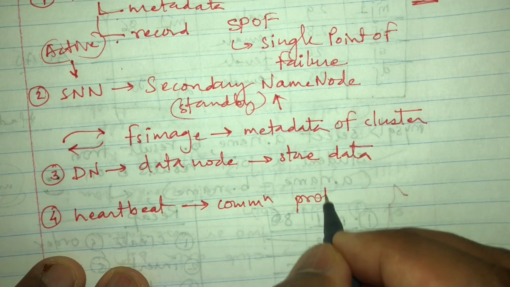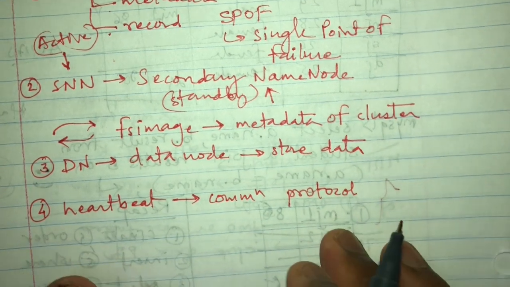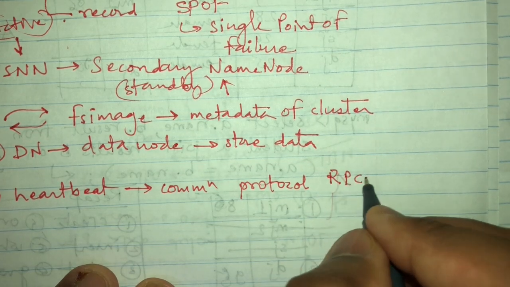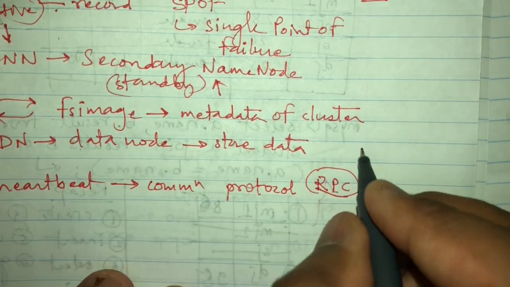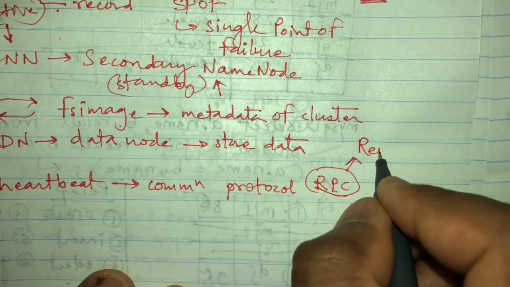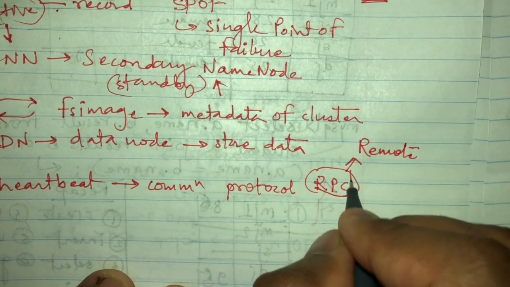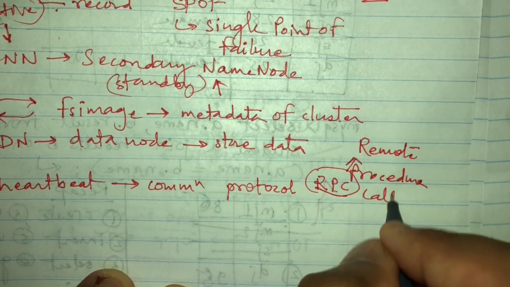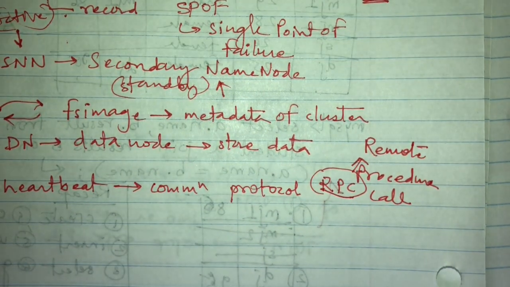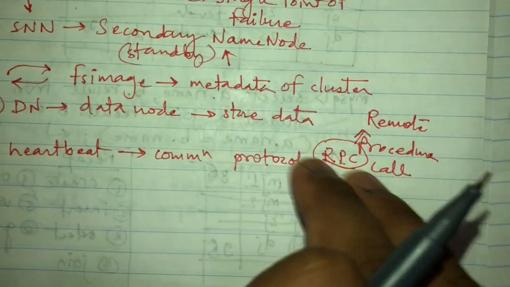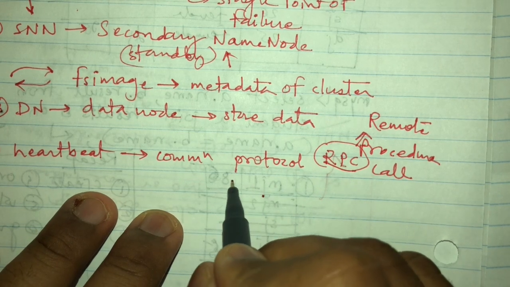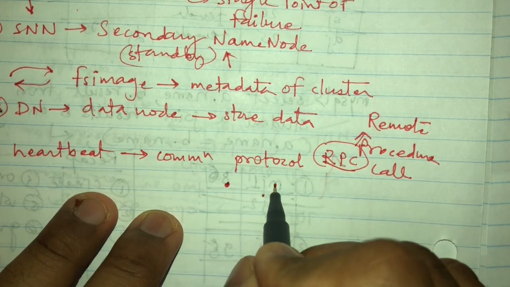If you have done your computer engineering, you will know there is something called RPC, which is nothing but a remote procedure call. So the way remote procedure call works is, since it is master slave architecture, there is a remote machine and there is local machine.